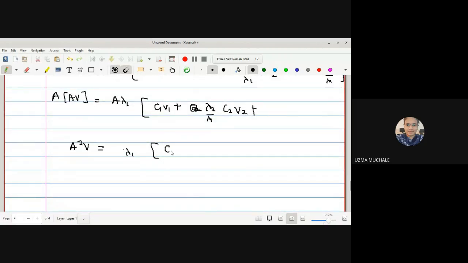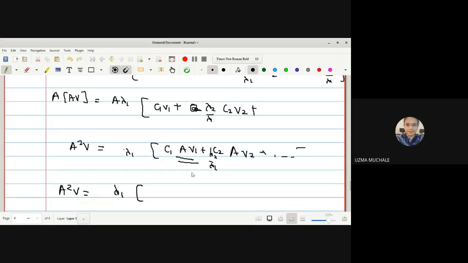Now if I multiply A inside, we get A v1 plus c2 A v2 lambda 2 divided by lambda 1 and so on, right?